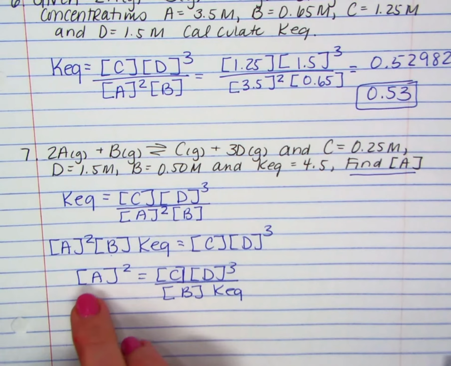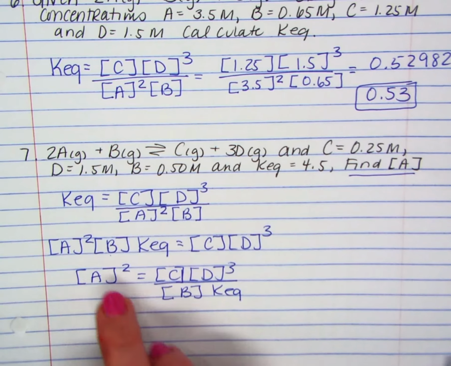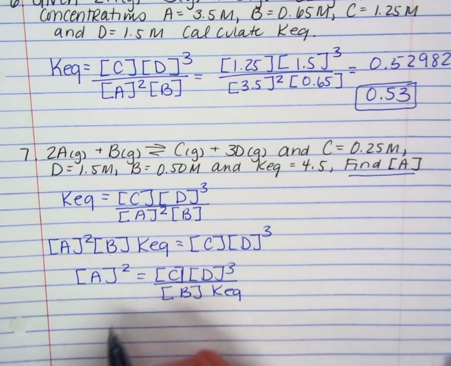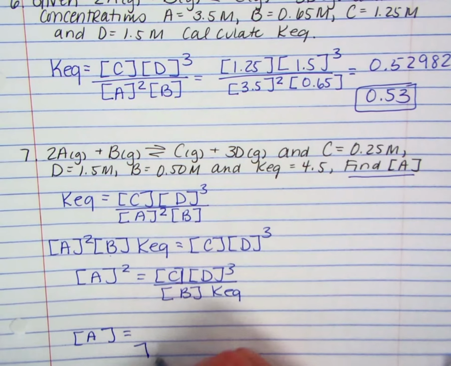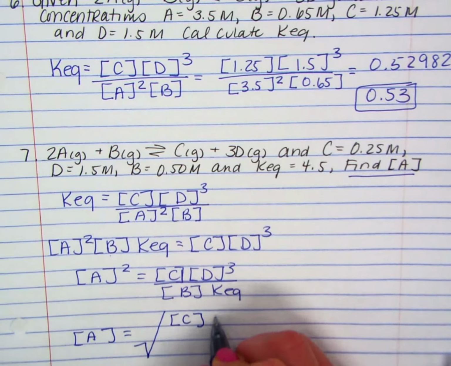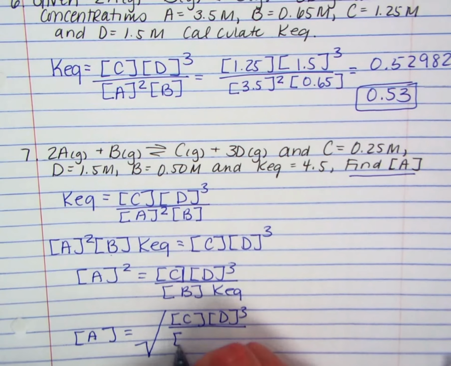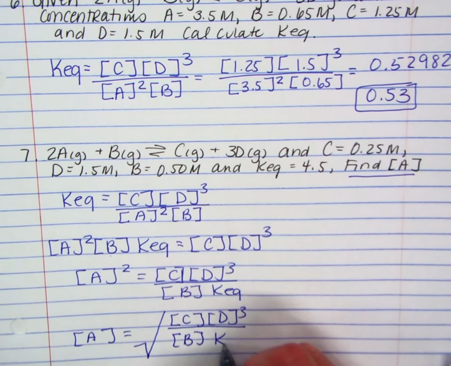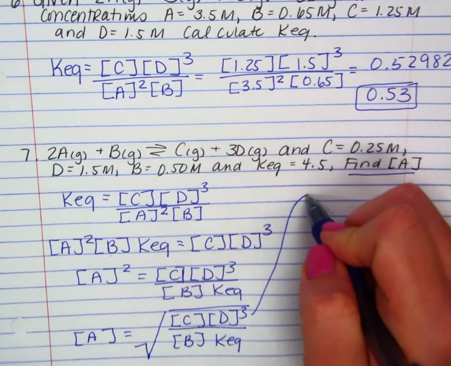And I'm not quite done because I haven't gotten A by itself yet. What I have is A squared. So I need to take the square root of both sides to get A by itself. So A equals the square root of C, D to the third, B and KEQ. And now that I have it all arranged, I can plug in to my equation.